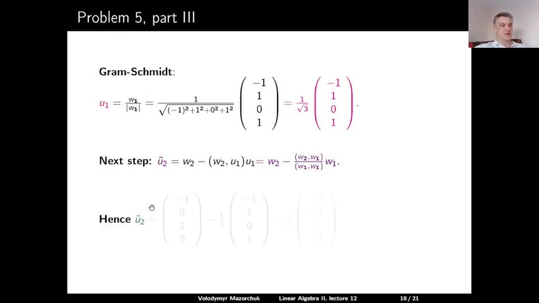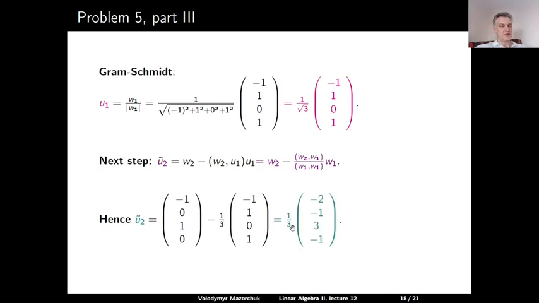So the computation: w2 is (minus 1, 0, 1, 0), w1 is (minus 1, 1, 0, 1). The square of the length of w1 is 3, and the scalar product is 1 plus 0 plus 0 plus 0 is 1. So it's the first vector minus 1 divided by 3 of the second vector.